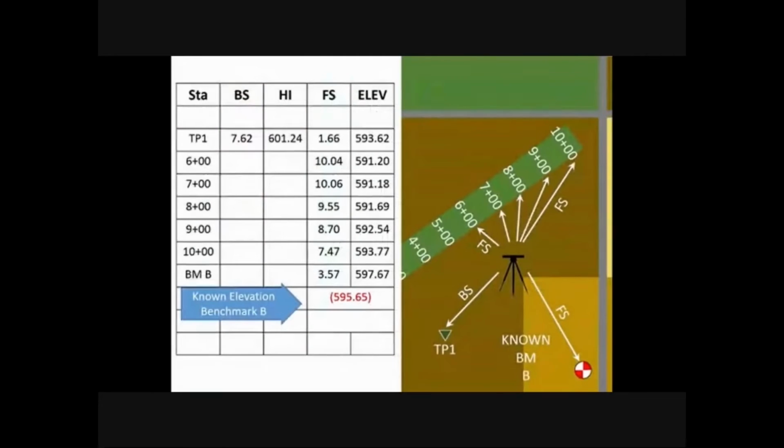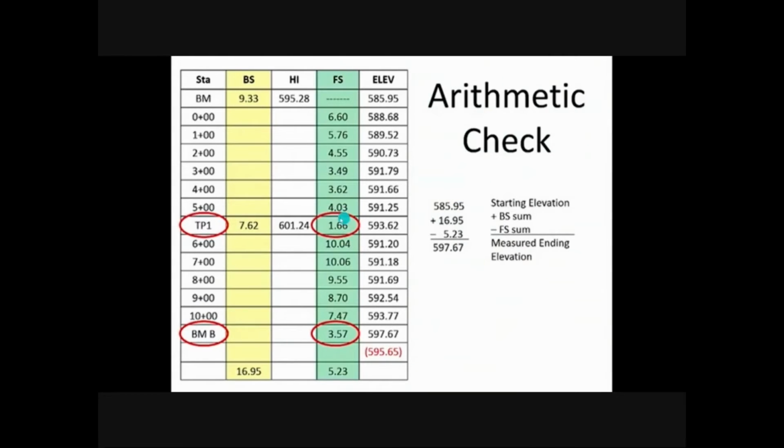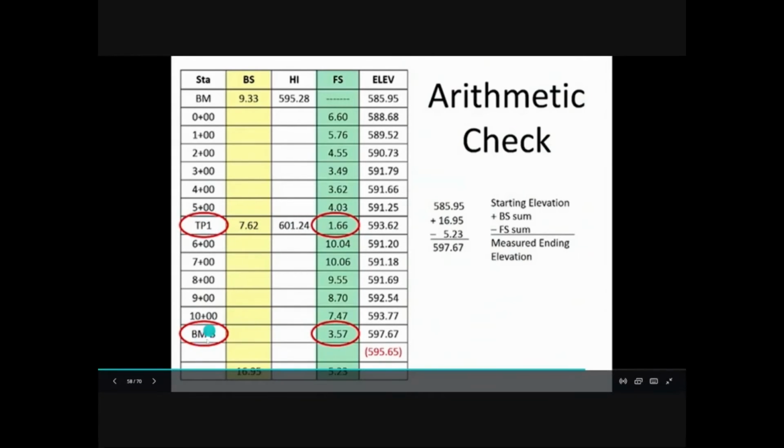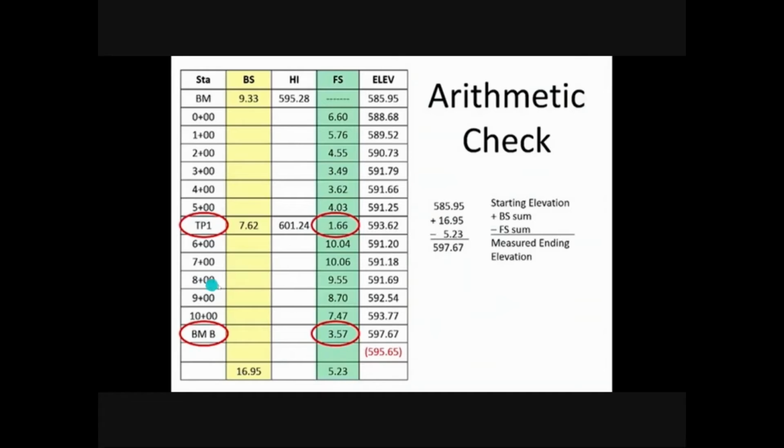We only need to use the values of the turning point and the benchmark value that we ended. That is why we use these two. If there is a turning point 2 here, for example, we have to add the values together, so there's three things to add to get the total, and three things for the foresight value as well.